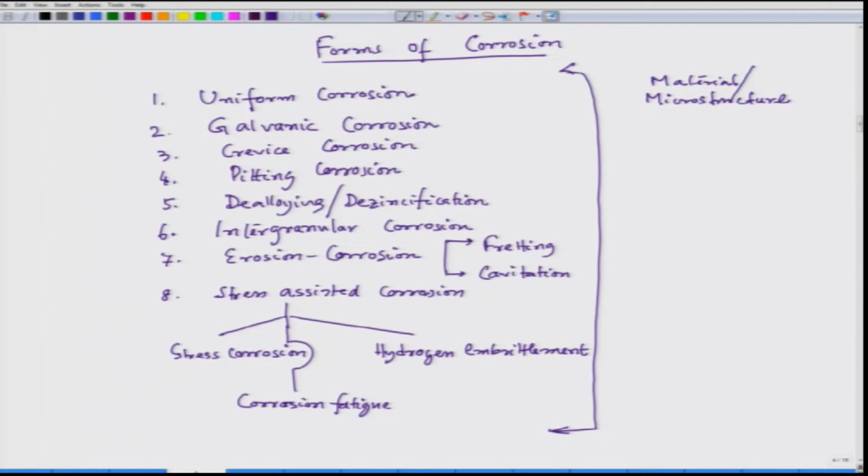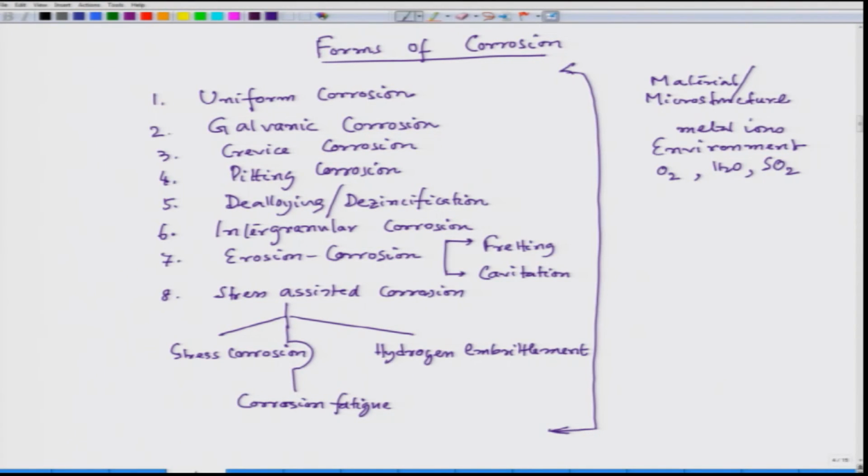Now, then we have environment. This environment is a very big thing, and in a nutshell we can say that when we talk about aqueous corrosion, the influence could be from oxygen, from moisture content, from SO2 content, or there could be the presence of some metal ions.